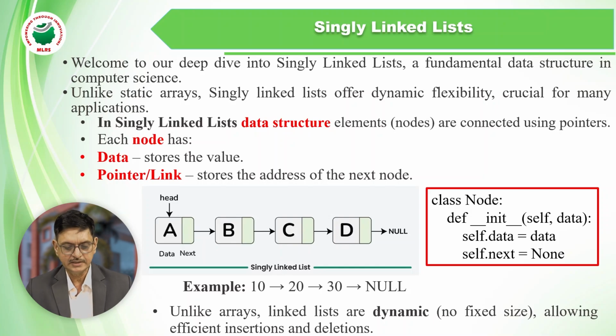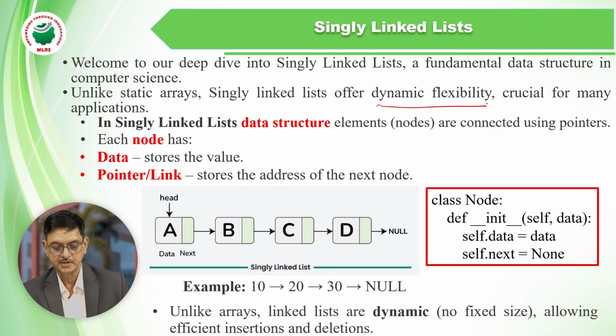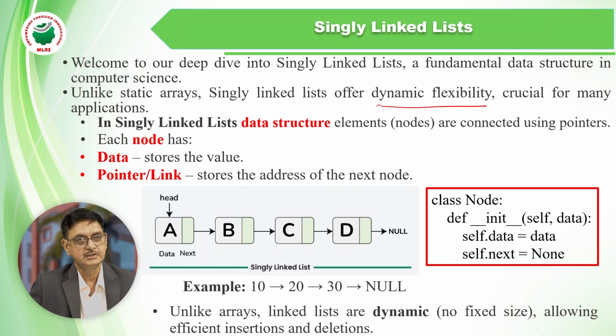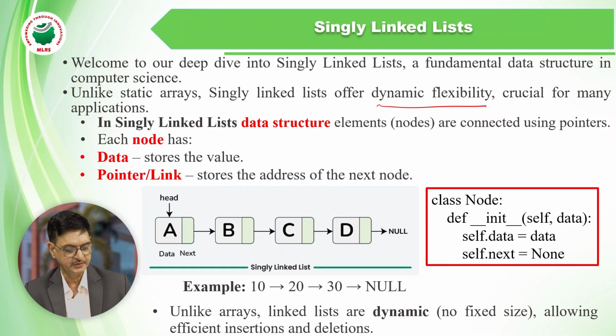Unlike static arrays, the singly linked list offers dynamic flexibility crucial for many applications, because we can't predefine the required amount of memory in advance, or we can't utilize unnecessary or unused memory at runtime. In such cases, singly linked lists are very suitable data structures for their dynamic flexibility in implementation of any data.